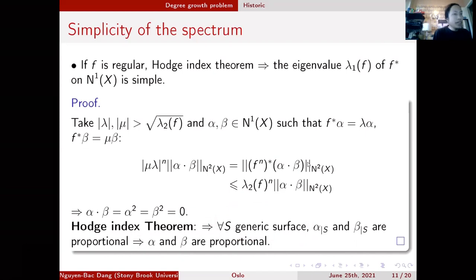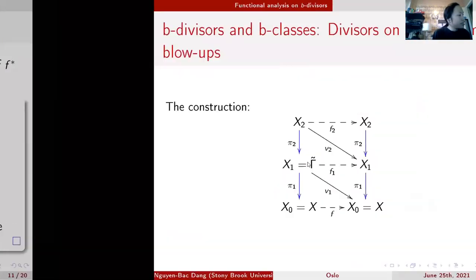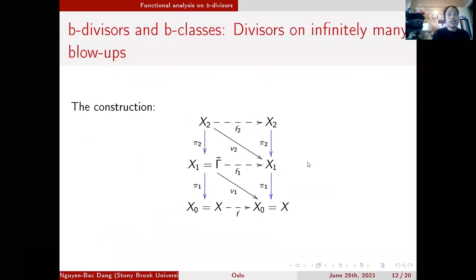Okay, so now I'm going to go beyond the regular maps, and let me tell you how we are going to mimic what happens in the regular case, but in general. So we're going to see what the problem is.